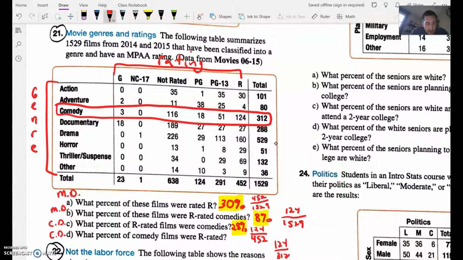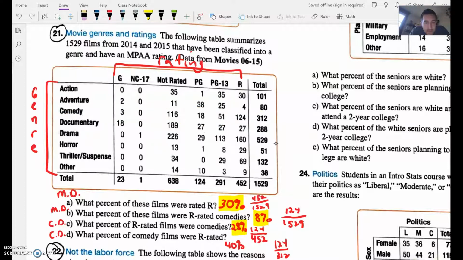So that's going to be 124 divided by 312, and we get 40%. So almost half of the comedies that came out that year were R-rated. I guess because a lot of comedies have a lot of swearing and sexual humor. So it's like a majority of comedies, 40%, were R-rated.